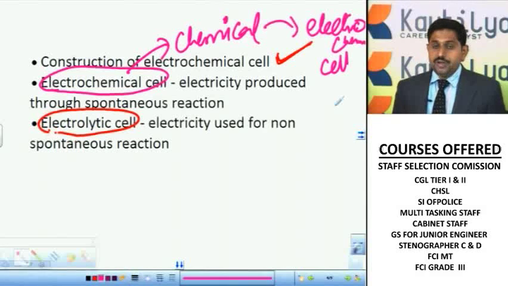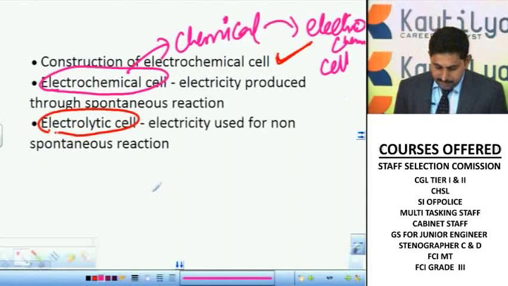This is a spontaneous reaction, using natural chemicals. Next, the electrolytic cell is a non-spontaneous reaction, where electricity is used for the process of chemical reaction. From the chemicals in an electrochemical cell, we are producing electricity.